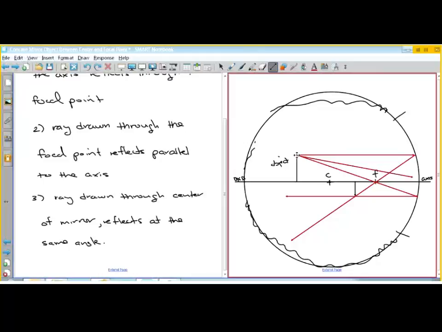So this one hits here, and it bounces off at the same angle relative to the axis, and then we go through there. So again, this theta here is equal to that theta there.